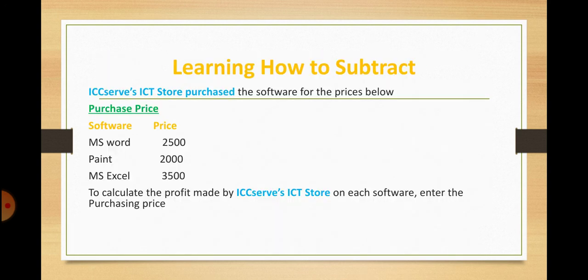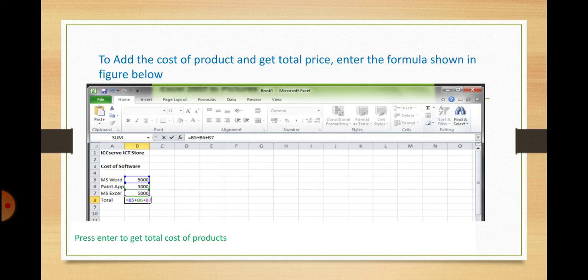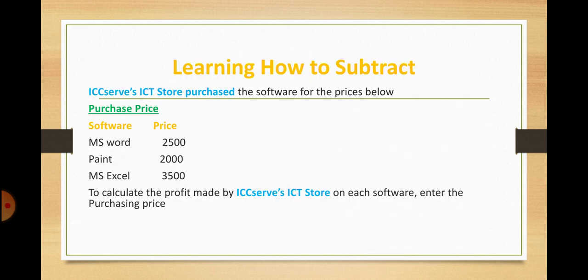So you can see this is more like their capital. This is what they invested in buying the software. So now we are going to use this to calculate the profit.